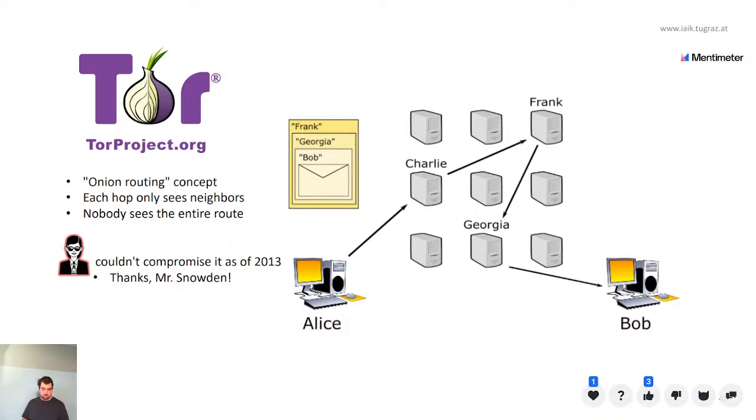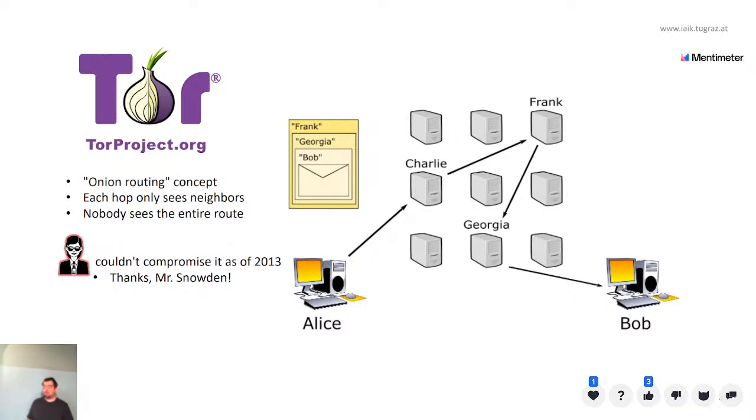So we have, in this scenario, a bunch of different proxy servers, obviously a much larger set than 9 of possible proxy servers. Now Alice picks 3 at quote-unquote random out of the set to use as proxy servers, and goes, okay, first proxy server, we're calling it Charlie. Charlie, please talk to Frank. Send this encrypted message.